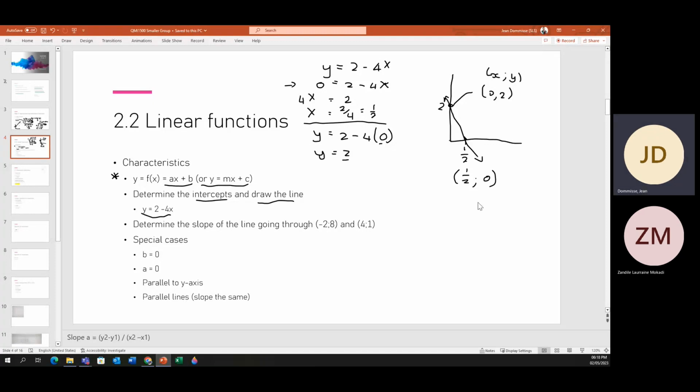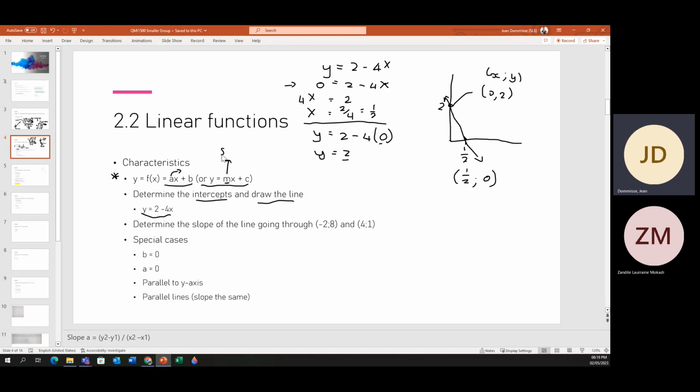Then the extra thing that comes with it is they can ask you, in here, we knew that the slope was -4 because that m is the slope. Or if it was for a, that would have been the slope.